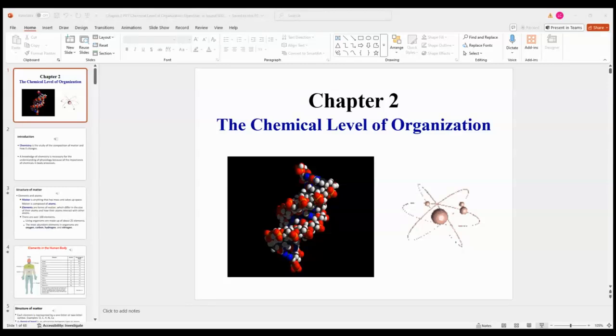But what about this one, helium? It has only one electron shell, right? Because it has only two electrons, and that shell can hold two. So is that stable? Yes. So in fact, there's no such thing as a molecule with helium in it.